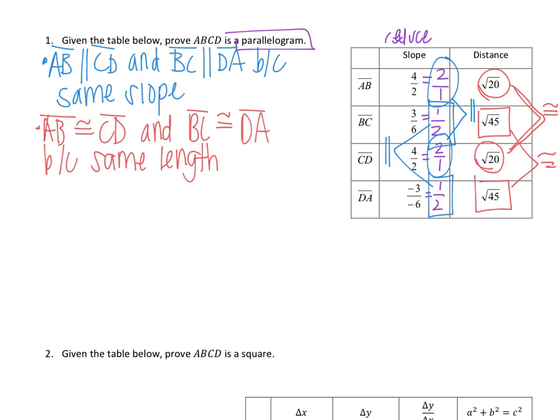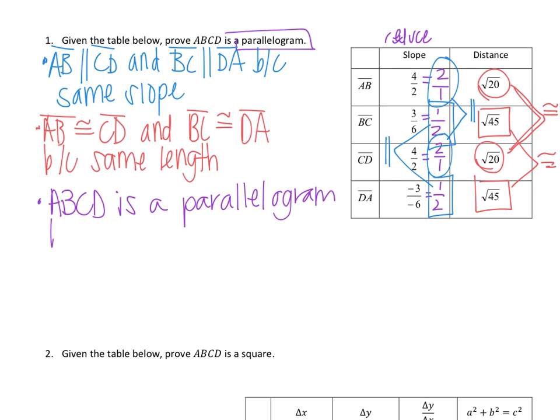Now if you want to use the word distance here instead, that's fine, perfectly acceptable. So we have our specific conclusions done, but now we have to move on to the general conclusion. ABCD is a parallelogram, just like they told us, because now we're summarizing what we found out up above. Here in this first bullet, we found sides that are parallel, and more specifically, opposite sides are parallel.